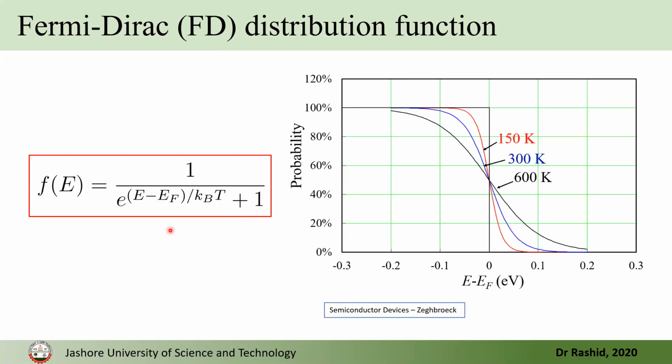If we plot the Fermi-Dirac distribution function at 0 Kelvin, at T equals 0, the function is like this black line. This is a step function. With the x-axis being E minus EF, all the states below 0 are occupied, and above this are unoccupied.